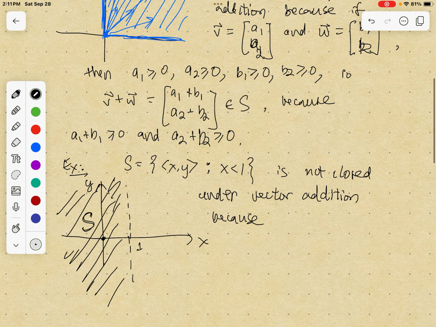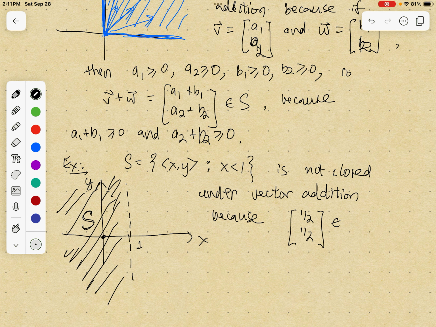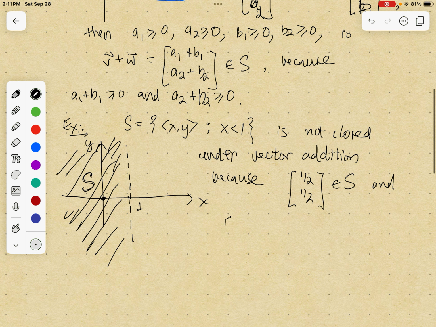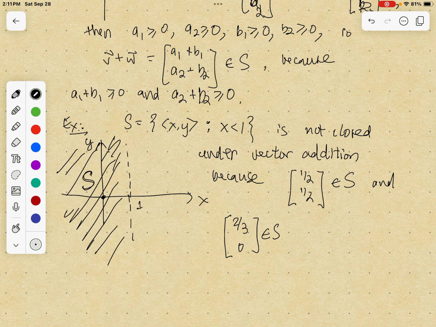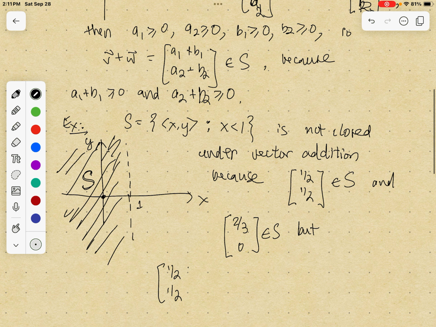There are lots of different possibilities, but let's say you take (1/2, 1/2). This is in S because the first coordinate is less than 1, right? And if you take (2/3, 0), that's also in S because the first coordinate is less than 1. But the sum, now do you see what's going to happen to the first coordinate?